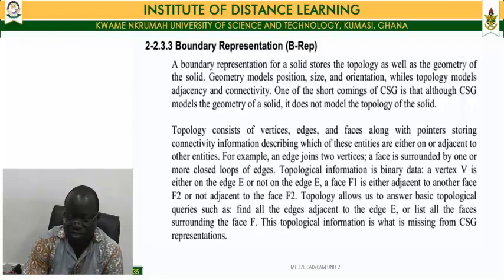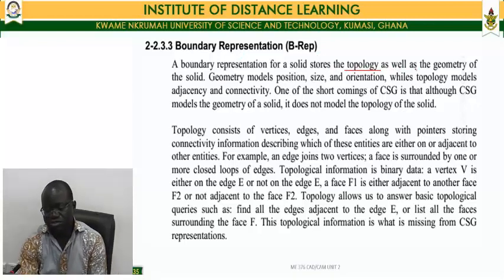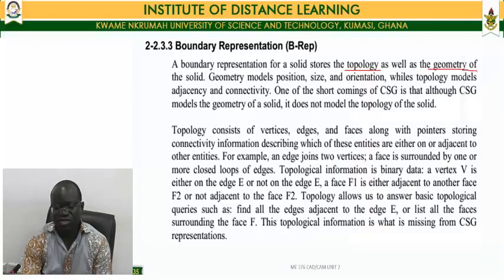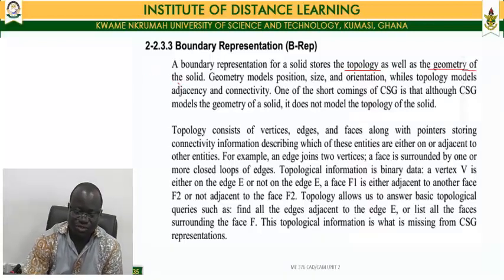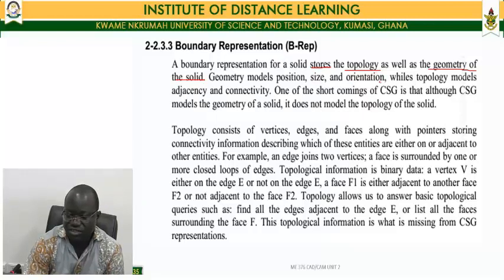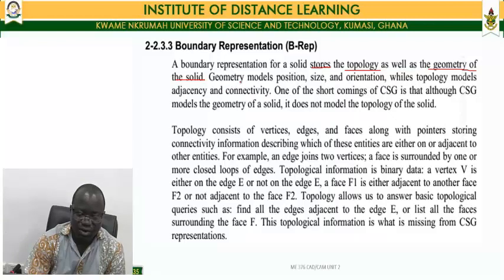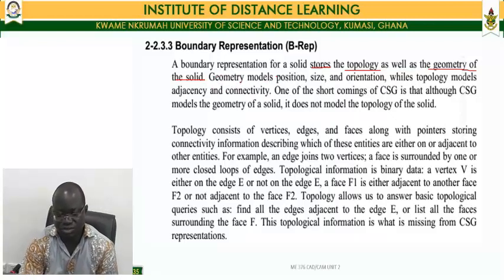So the representation will keep storage of the topology, the profile of the surface, as well as the geometry of the solid. Now, the geometry models position, size, and orientation, whilst the topology will model adjacency and connectivity. We will look at this very shortly.